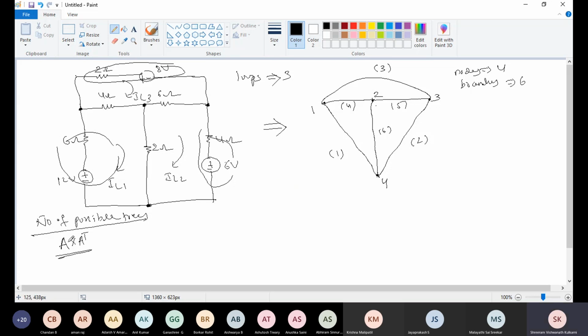You go and check the videos, you will get to know A into A transpose is nothing but the number of possible trees. Okay. This is not our concern here. Okay, now after drawing the graph, we have to give some orientations, right? Giving like this.